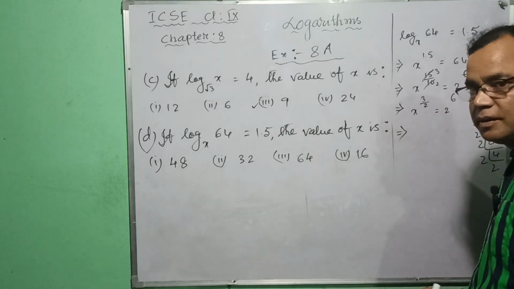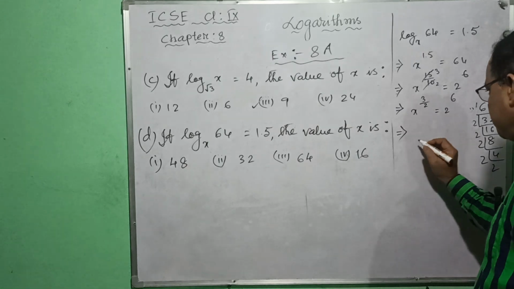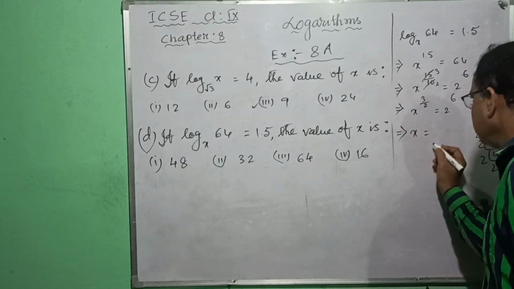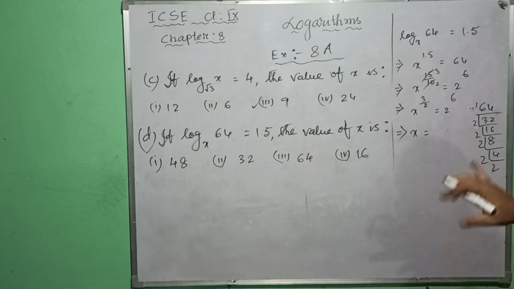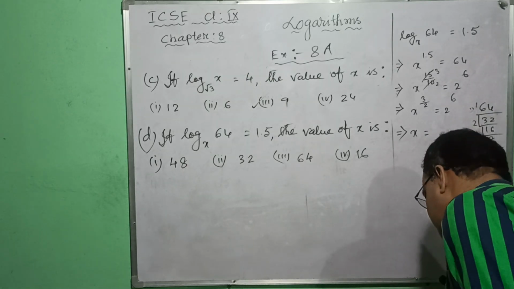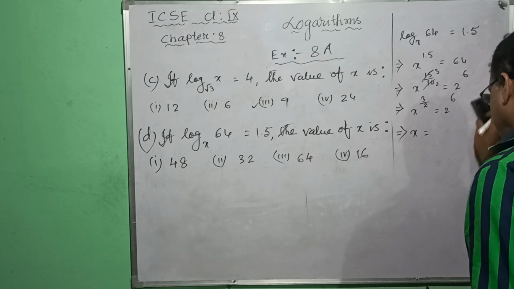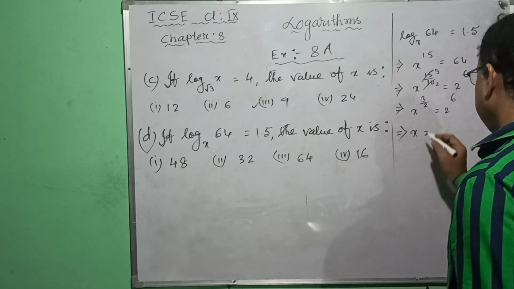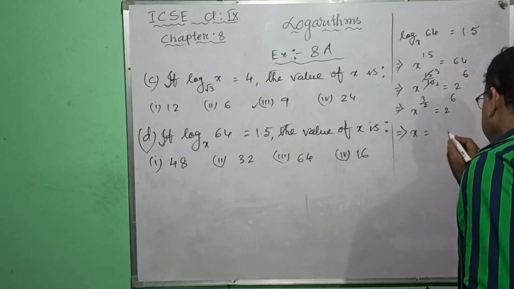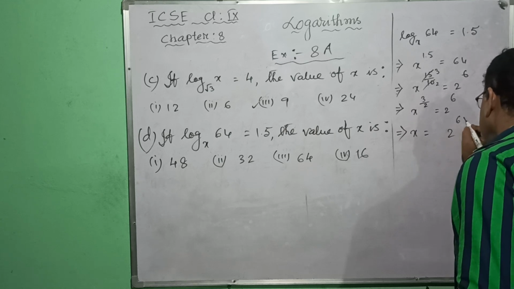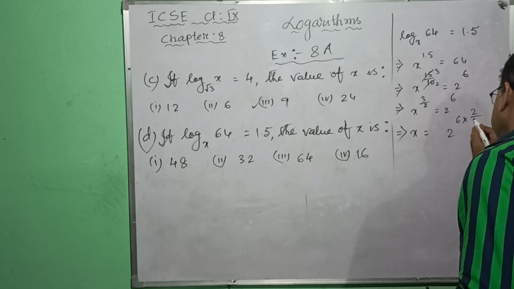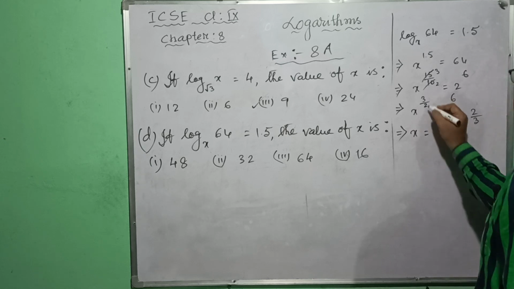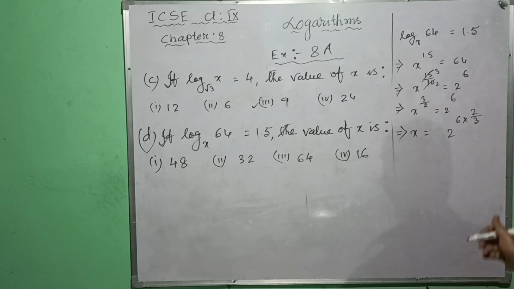This implies x equal to, when the power is changing the side, it becomes reverse. So here it will be x equal to 2 to the power 6 into 2 by 3. In place of 3 by 2, it will become 2 by 3.